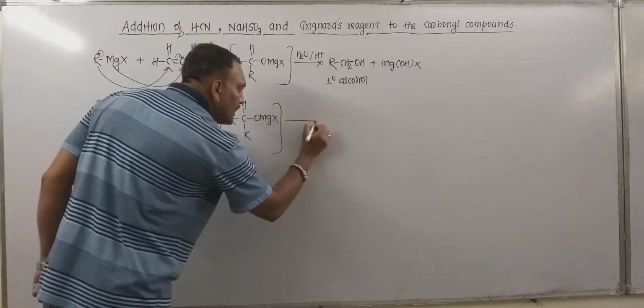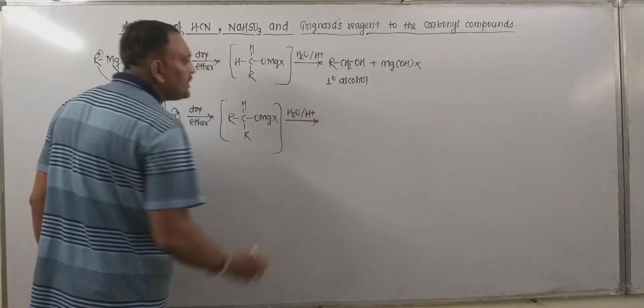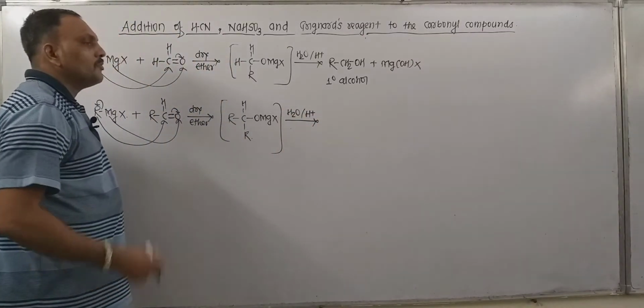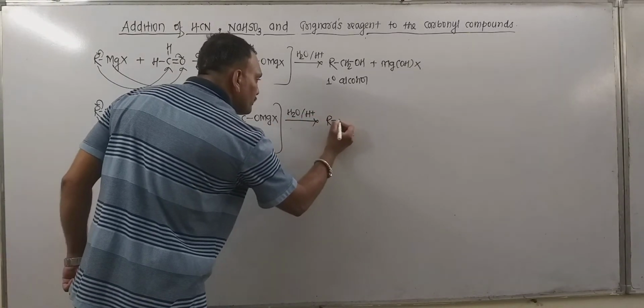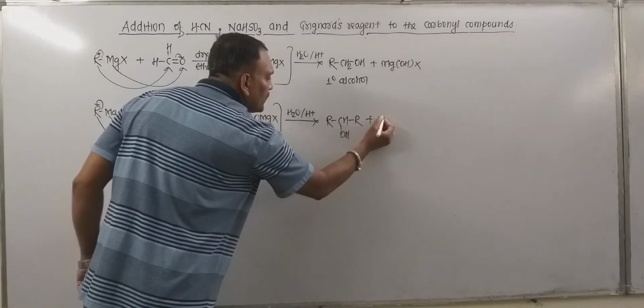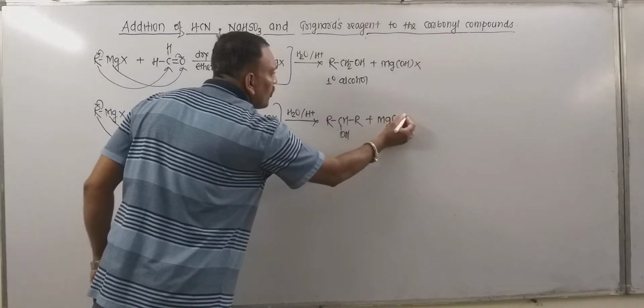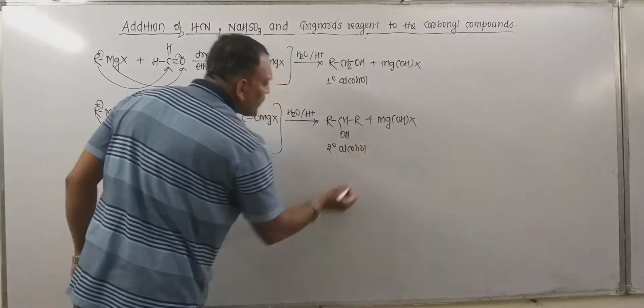Now this addition complex, that is the Mg complex, is to be hydrolyzed by using dilute acid. So upon acidic hydrolysis we get secondary alcohols with the departure of MgOHX. So this is the 2-degree alcohol so obtained.